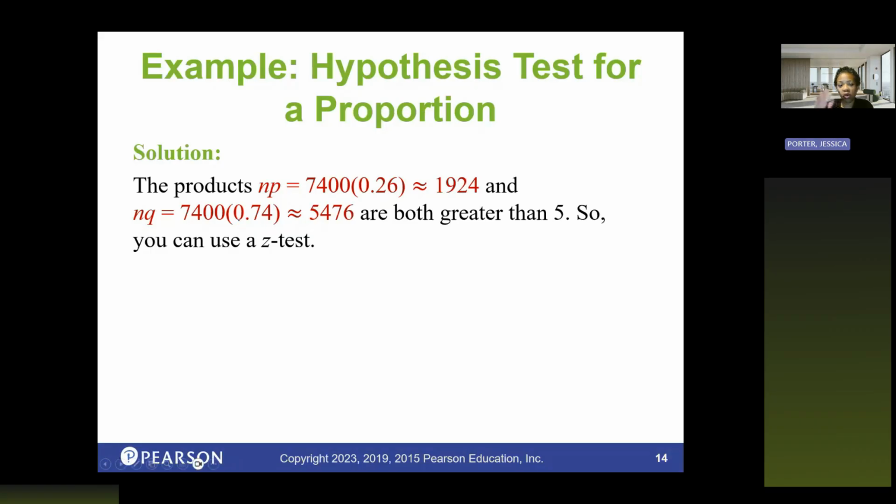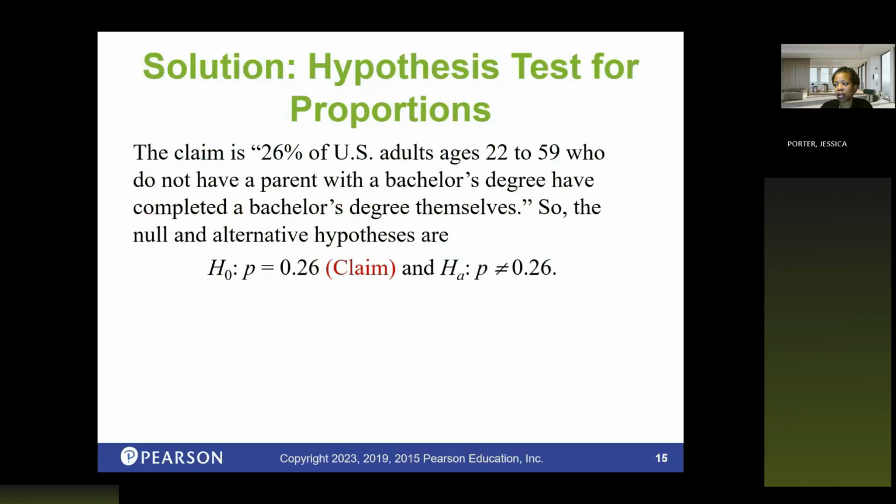So then we're going to move forward with the z-test. The claim is 26% of US adults ages 22 to 59 who do not have a parent with a bachelor's degree have completed a bachelor's degree themselves. So that gives the null and alternative hypothesis.